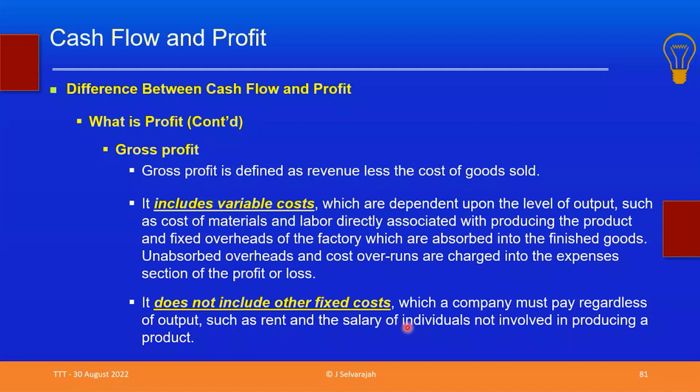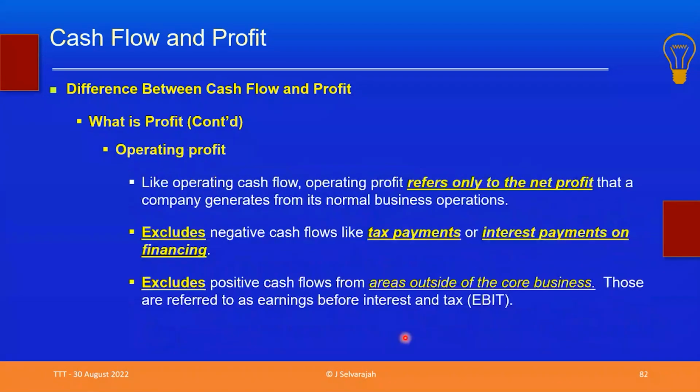So this is the variable part on the gross profit level. Fixed costs will come after. Variable includes absorption costing and all that stuff, but we are not going into that area. Like operating cash flow, operating profit only refers to the net profit that it generates from normal business operation. A company can also have investment income that becomes a part of their profit.